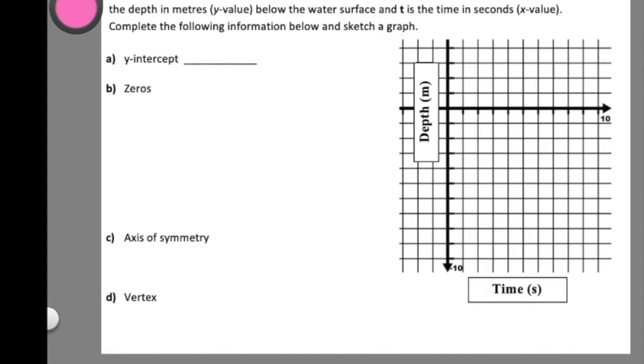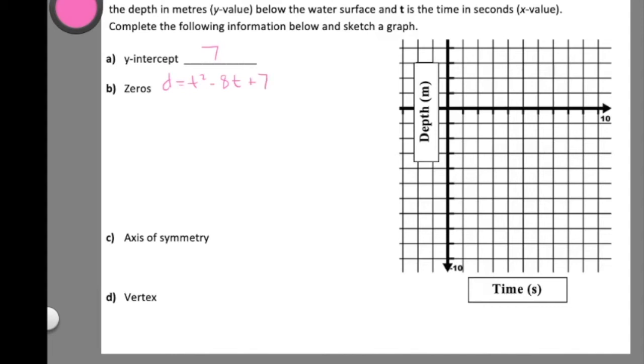This part of the question here, the plus 7, that's our y-intercept. So our y-intercept is 7. Now to find the zeros, or the x-intercepts, what we have to do is take this and factor it, right? So I have d equals t squared minus 8t plus 7.